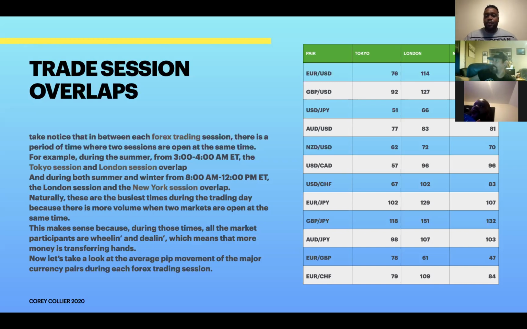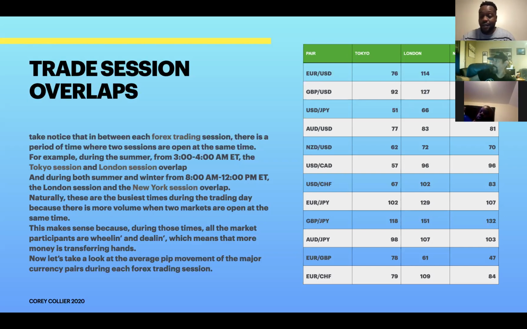Now, the chart to the right shows you all the major currency pairs. You've got the Euro USD, GBP USD, USD yen, Australian dollar USD, and so forth, right? The numbers underneath those give you the average pip movement based on the currency pair and the trade session it's within. So for Tokyo, the Euro moves on average about 76 pips.